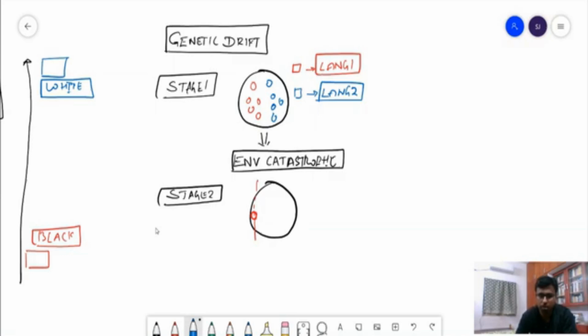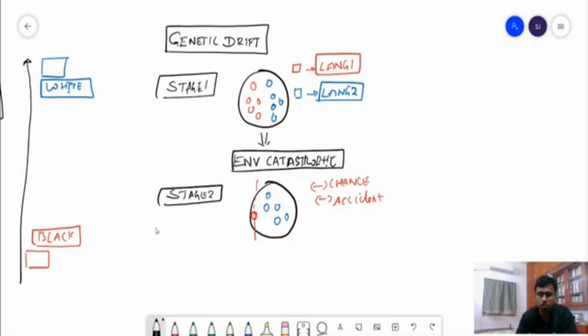This is the point: because of chance or accident, the population speaking language 1 having the red gene has been removed, and hence you find only the rest of the population.